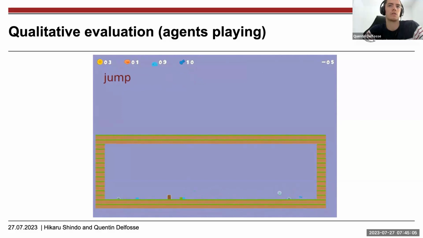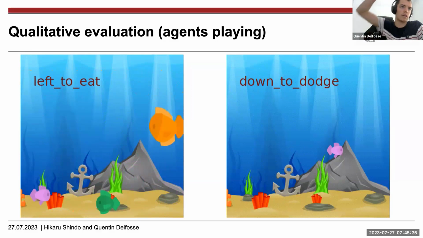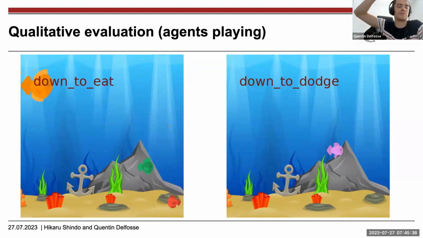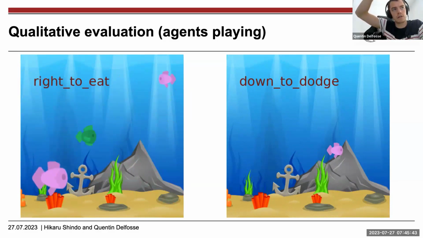For the next agent, I think it's the fish one. The first one on the left is on the original environment. So it's left to it, down to it, etc. It's always going to the smaller fishes. And what you can see is that sometimes, on the 4th or 5th, just after this one, it's going to go down and then up and down again, because it wants to go down to actually eat the fish, but it also doesn't want to go down, because at some point, if it goes down more, it's going to die.